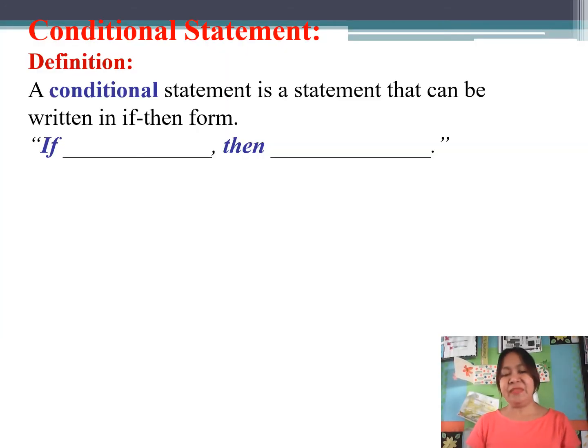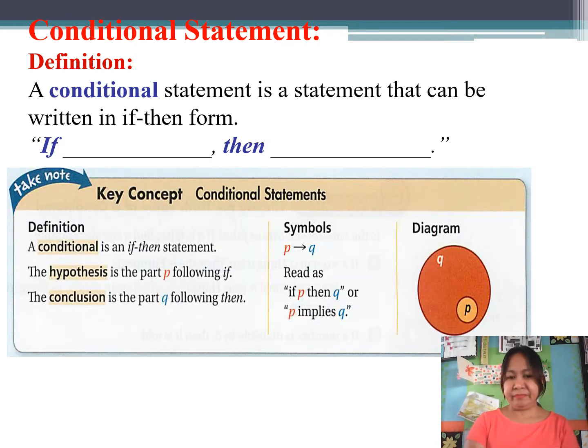So what is a conditional statement? By definition, a conditional statement is a statement that can be written in if-then form. So if we are going to write a conditional statement, it should be in this form: if, then. Take note of this, guys.